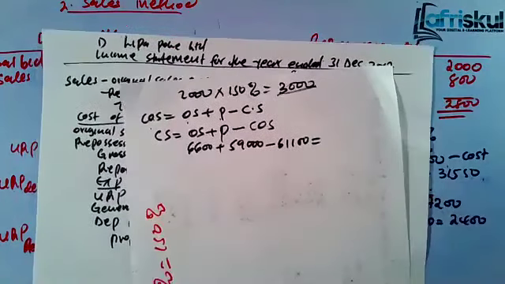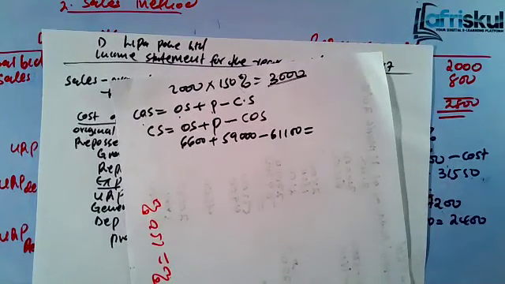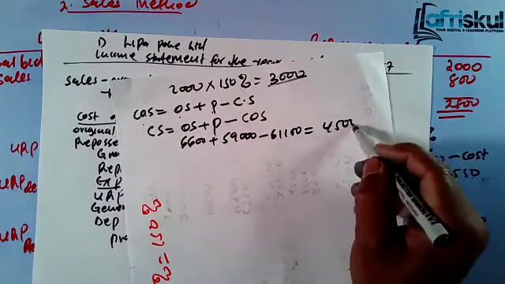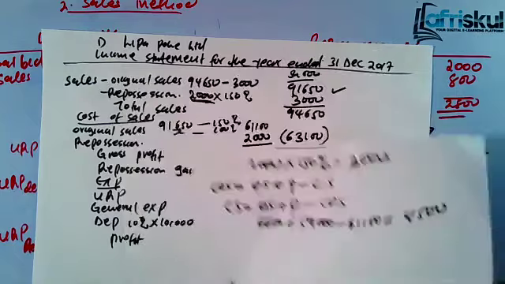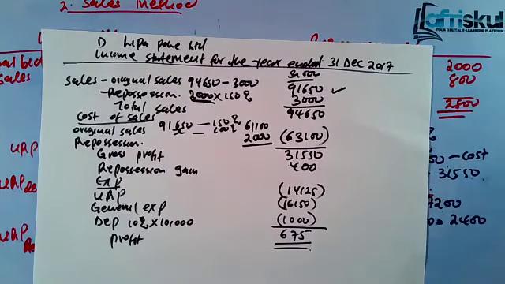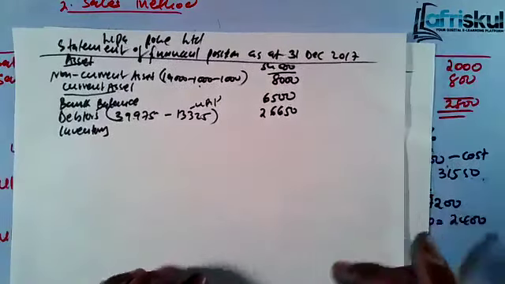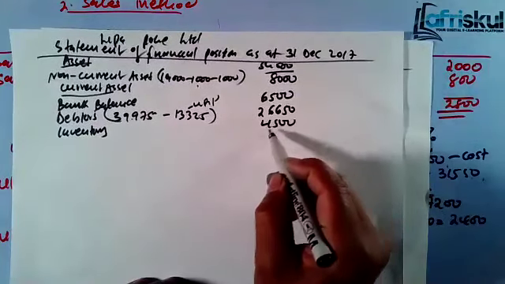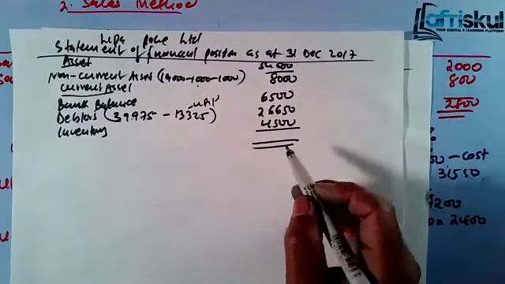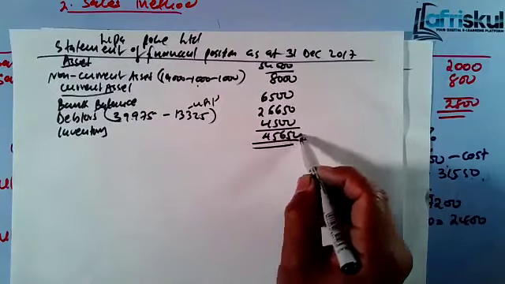You can compute that one for me, and you give me the closing stock. Yes, it's 4,500. Thank you. So that means our closing stock will be 4,500, and the total will be 45,650.